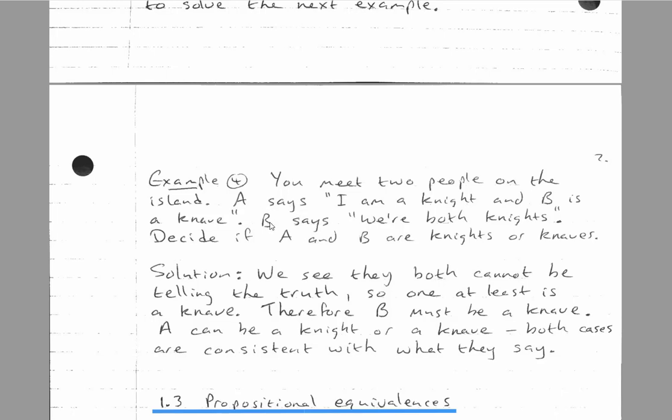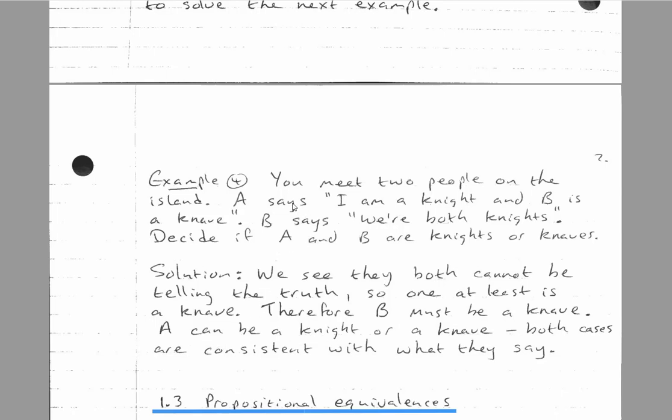We can see they can't both be telling the truth. They can't both be knights. So one of them must be a knave. Therefore, what B said is not true. So B must be a knave. Logically, just looking at the possibilities, B has to be a knave.